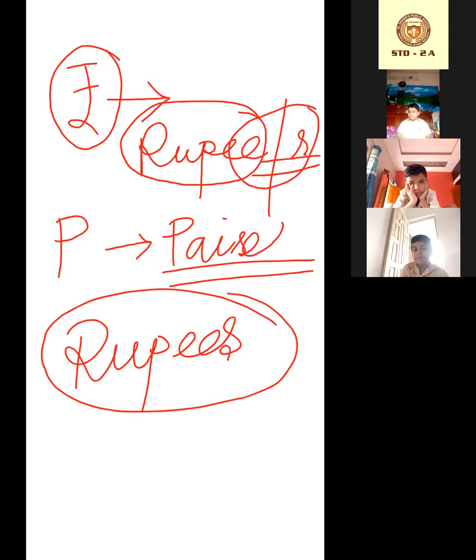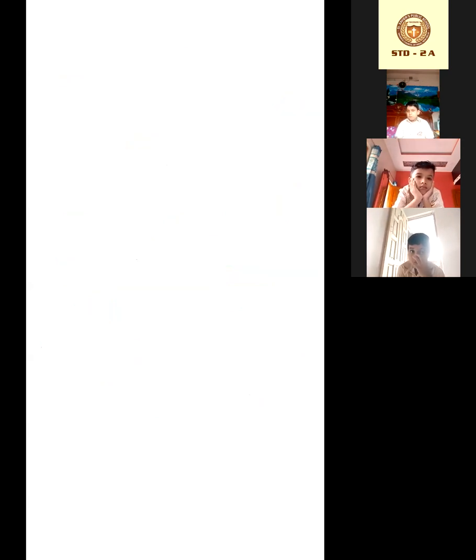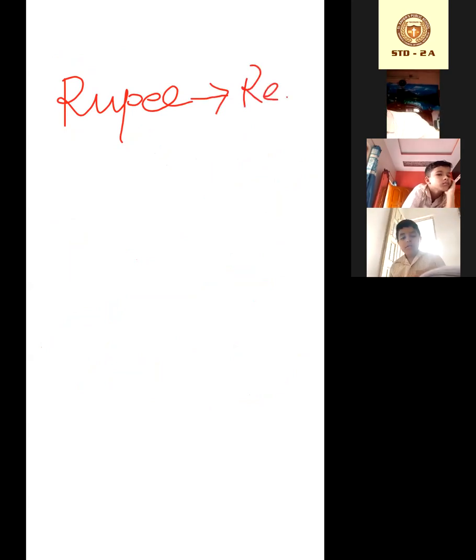Now look at this. In case of rupee, we can put this symbol or we can put Re dot symbol. It is already probably in your book. You can note down in the copy. All of you now take out your copy. For rupee, write the symbol Re dot or this rupee sign.